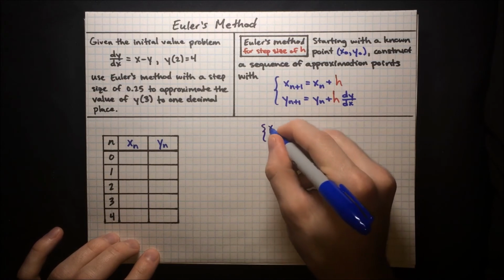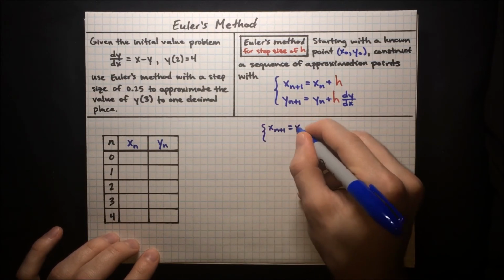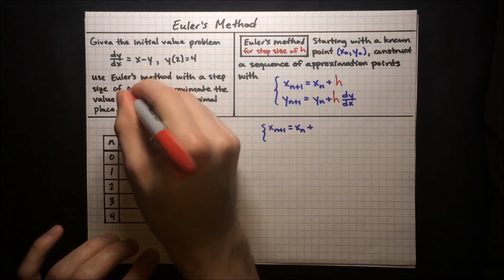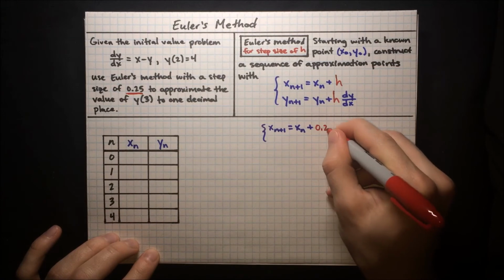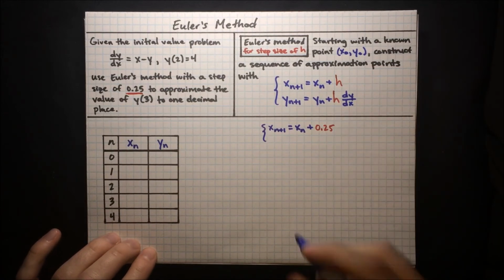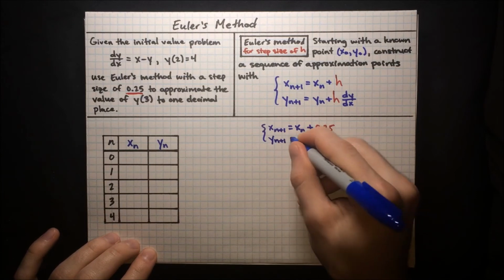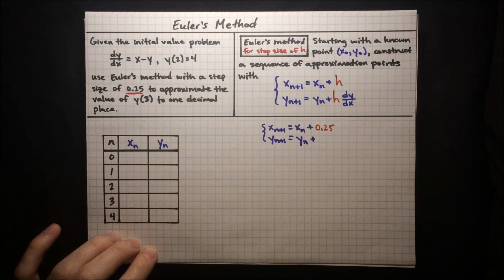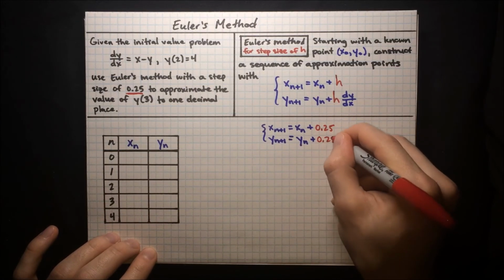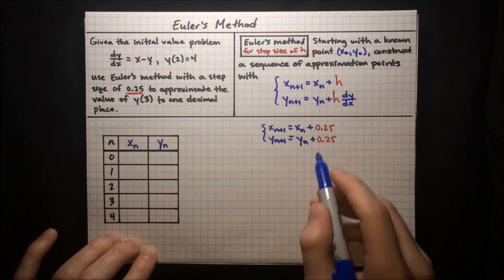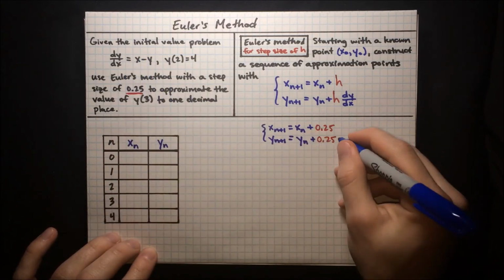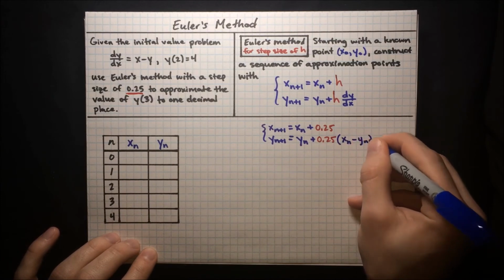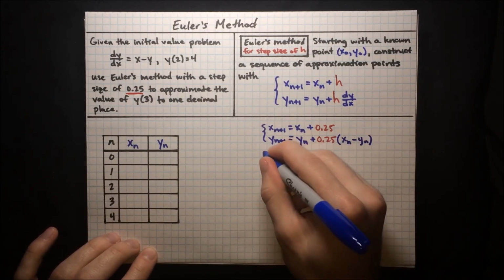We've got x_{n+1} equals x_n plus h, and h in this case is our 0.25, so x_n plus 0.25, and then y_{n+1} is just equal to y_n plus h times the derivative, so 0.25 times the derivative, and the derivative is just given here, so 0.25 times (x_n minus y_n), and we can simplify this a bit.